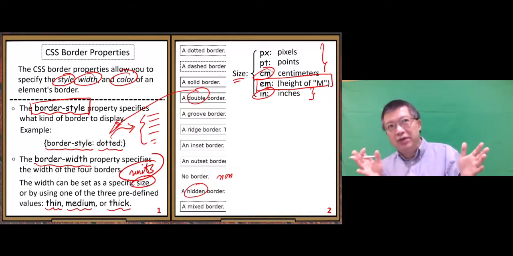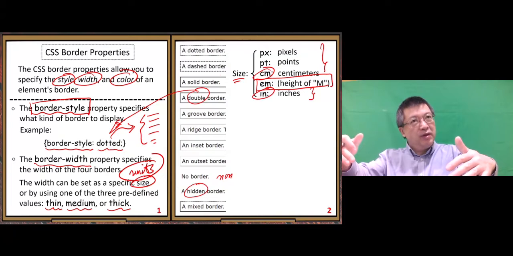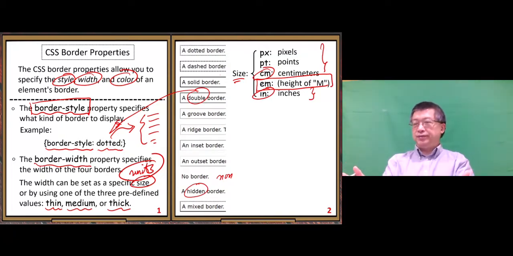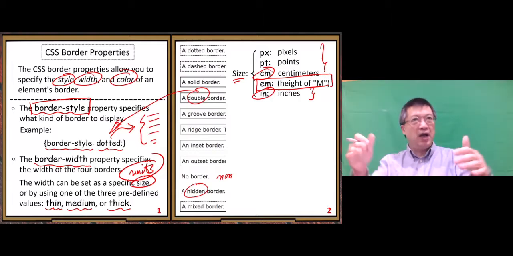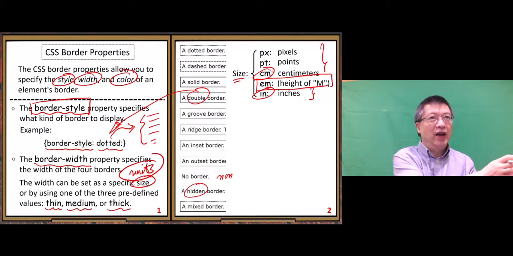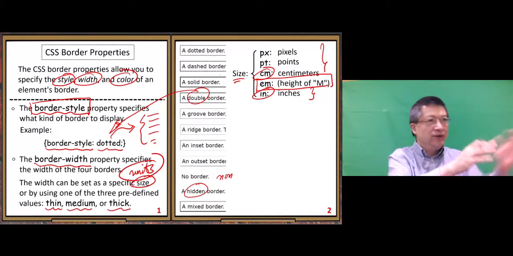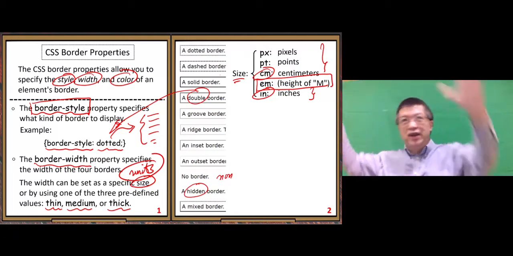If you use the absolute way, when you use your own computer, it looks perfect, right? Some design layout looks perfect, but now you move to a different computer, right? A very small one, a cell phone, or a big screen computer.